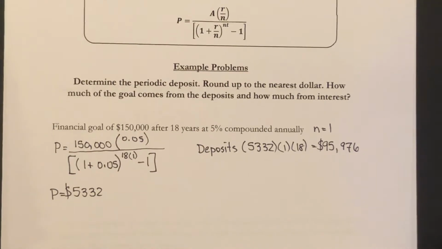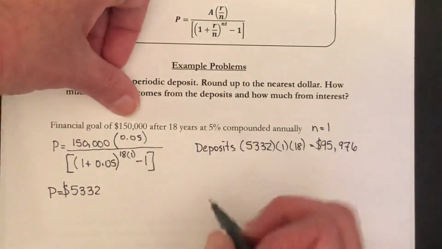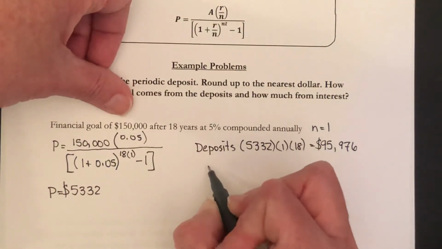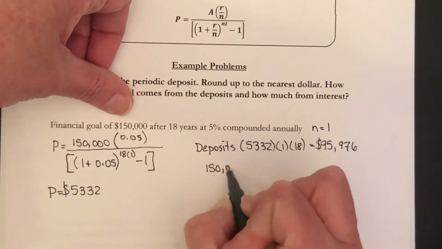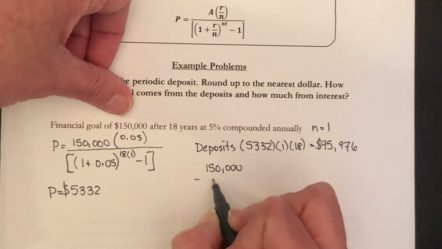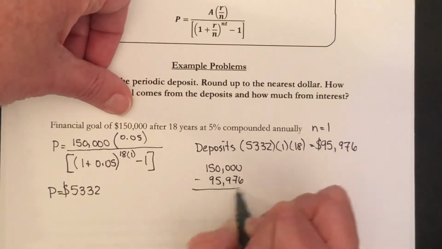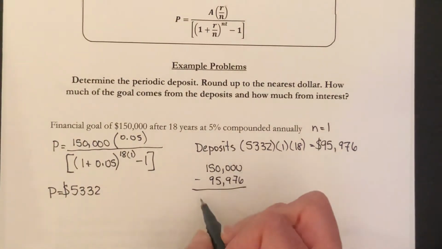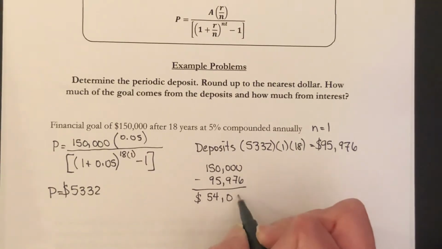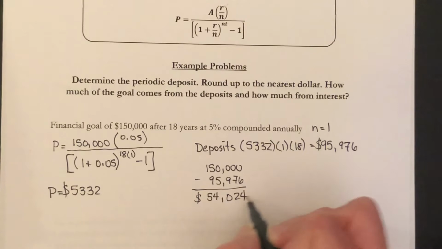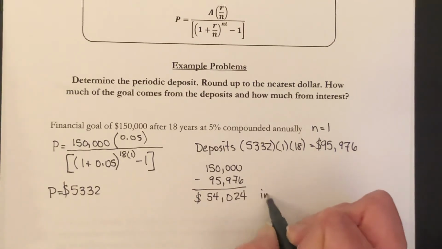So how much did you make in interest? Well, the end goal is $150,000. And I subtract off the $95,976. So in interest, you made $54,024 in interest.